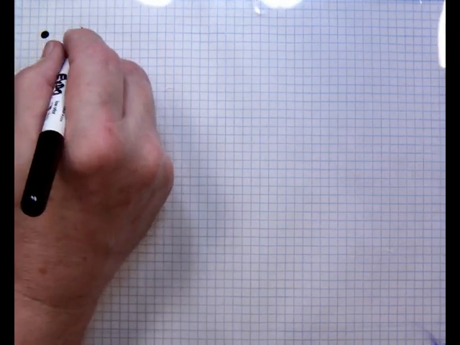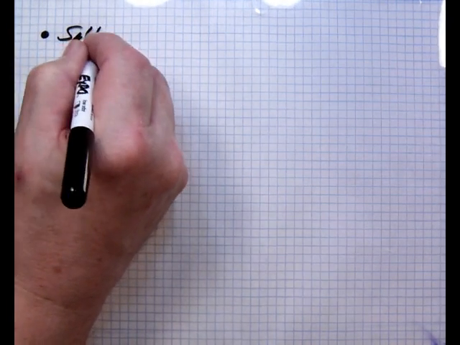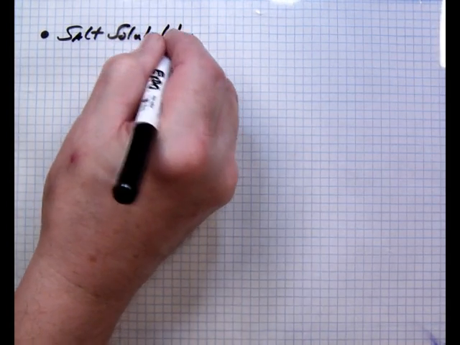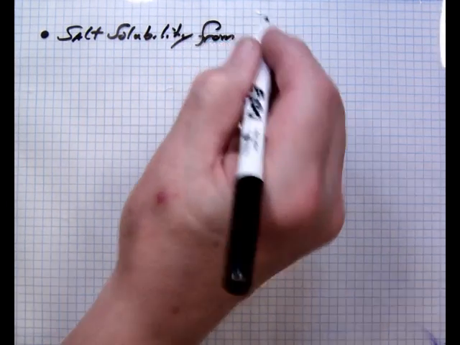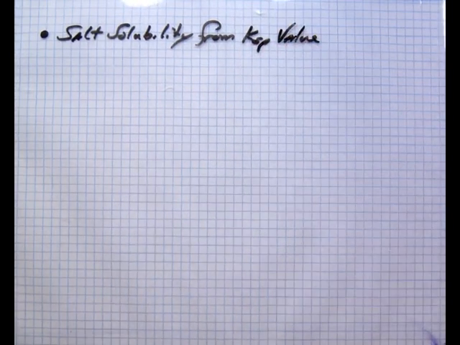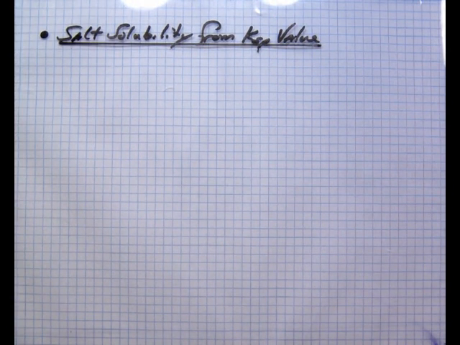Next is determining the solubility of a salt. Since we're using silver chloride, I use that a lot. It's pretty straightforward. So this is a 1-to-1 ionization ratio.